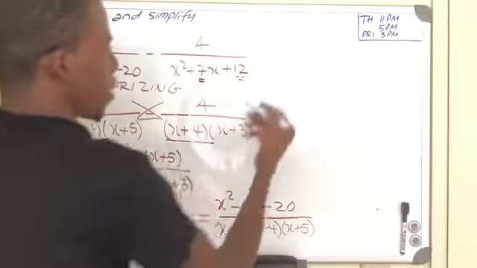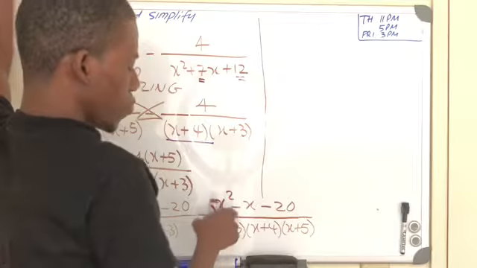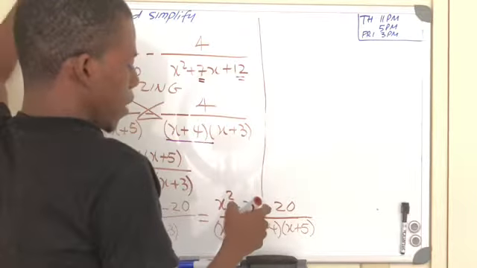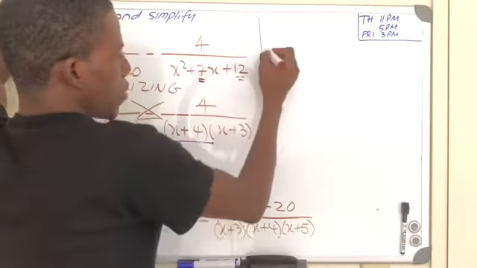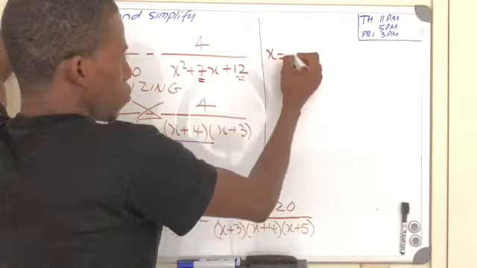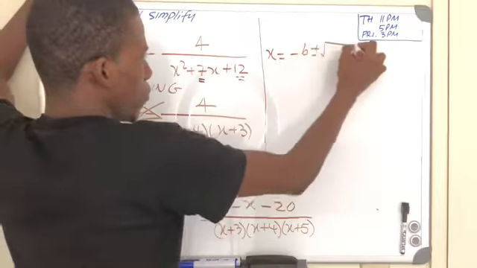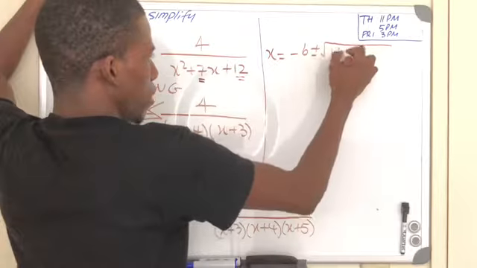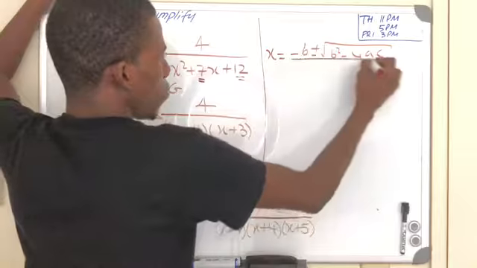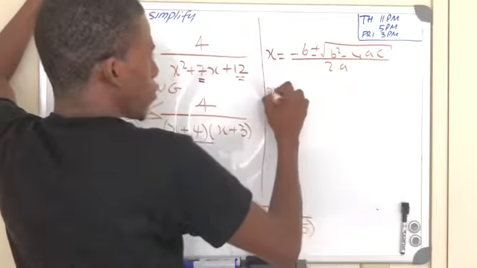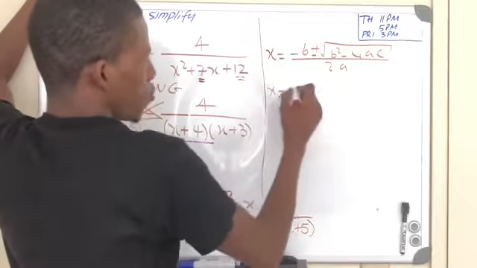Okay, so I go with the general rules to find the x values of a trinomial, so I can factor: x is equal to minus b plus or minus square root of b squared minus 4ac over 2a.